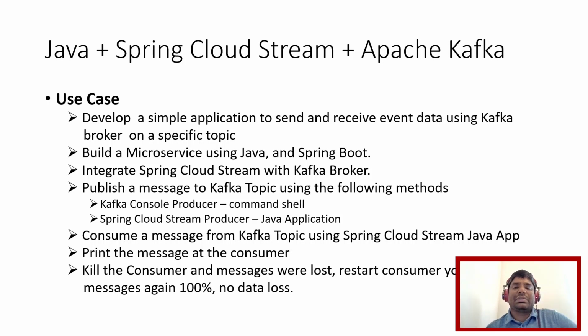Yes, that is very important during application development. We can see that in the real code base. So this is a high level use case which I am defining for understanding purposes. Let's jump into the next slides to see the different components of Kafka and Cloud Stream.